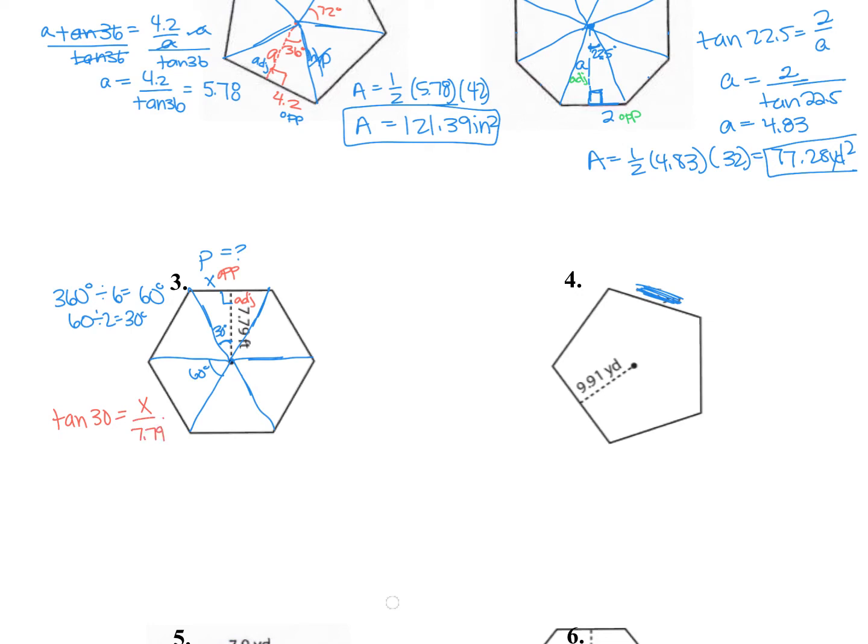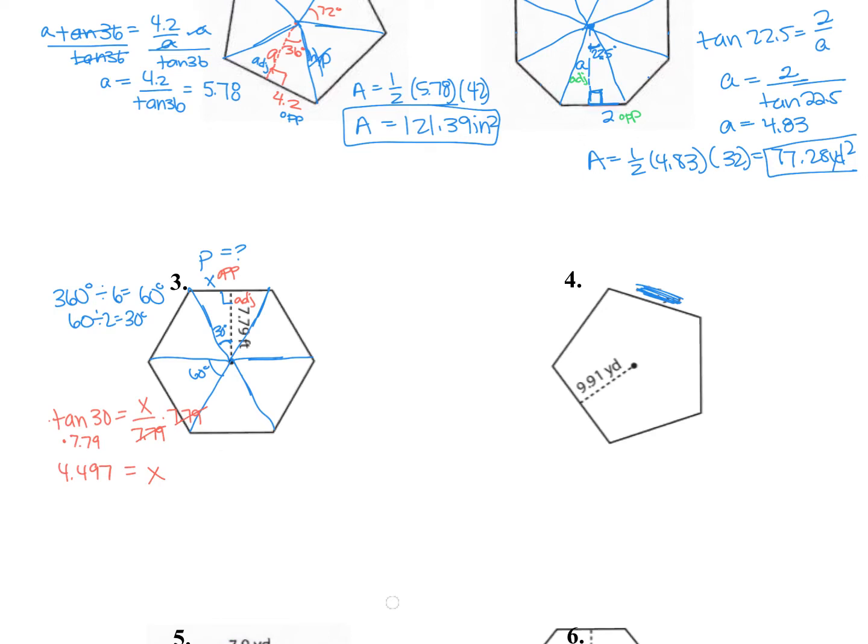So I'm just going to multiply both sides by 7.79, times 7.79, and then x equals 4.497.